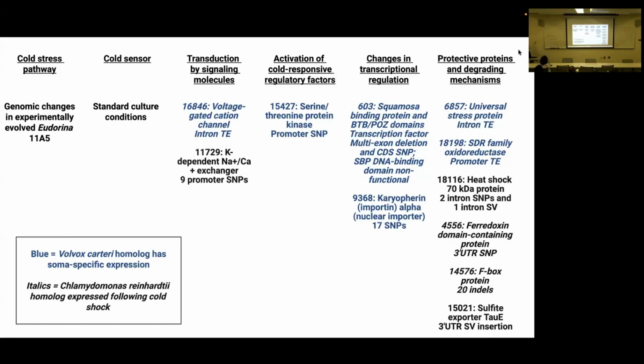There's also changes in a heat shock protein and in ferredoxin domain containing proteins, indicating some potential involvement in photosynthesis. We've got an F-box protein, so that might be representing changes in protein ubiquitination and degradation. And we've got the sulfite exporter with an SV insertion in the UTR region.